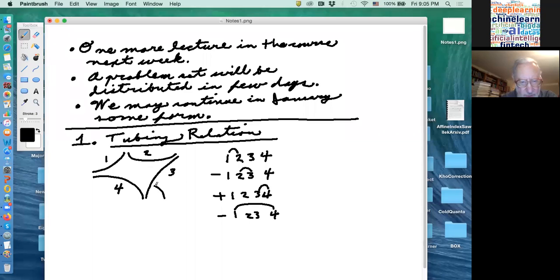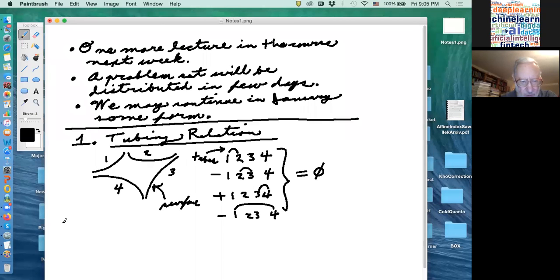So this is surface, and these are tubes. And you assert that this is equal to 0. And we had examples of that before.